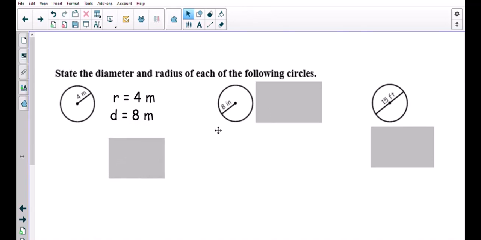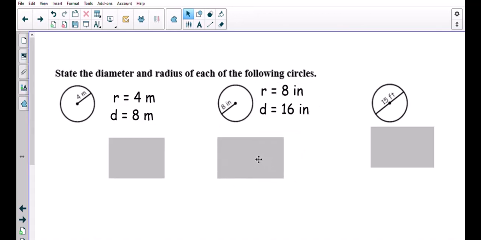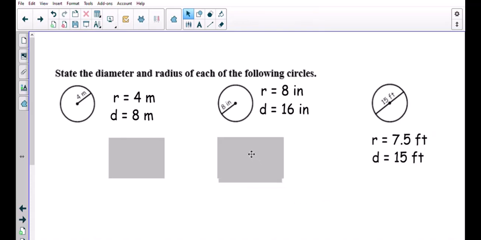In the second example, we're given the radius again. That means the diameter is going to be 16 inches. In our last example, we're actually given the diameter of 15 feet. The radius is half of that, which is 7.5 feet.